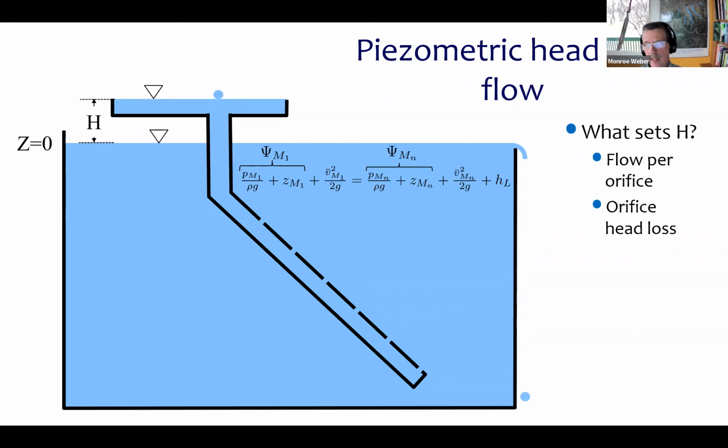Okay, let's write the energy equation. So there's our friend, the energy equation. The piezometric head is the pressure and the elevation, so there's a piezometric head on each side of the energy equation. And we can look at what's causing a difference in the piezometric head. So now we're going one layer deeper. We're realizing, oh, maybe there's another reason why the piezometric head changes inside a pipe.